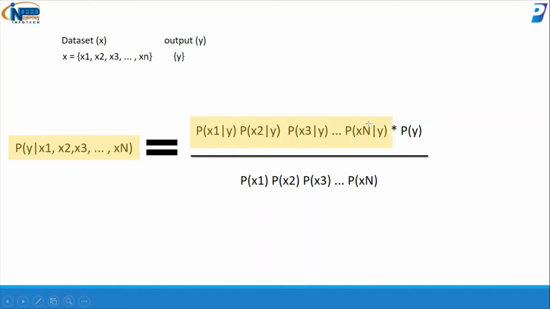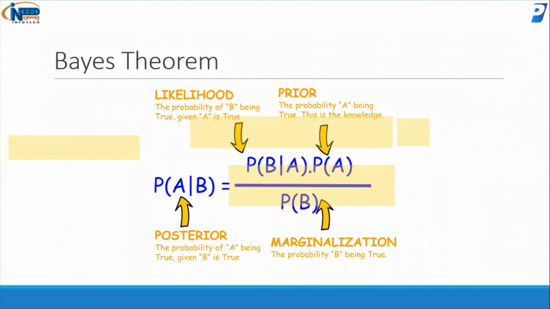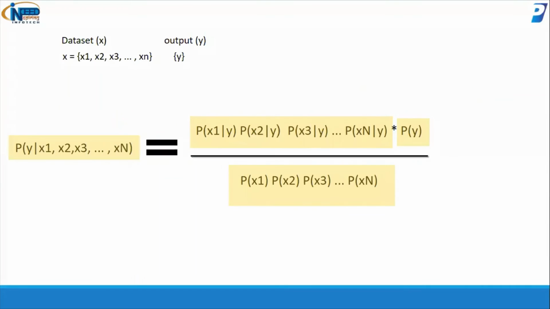The expression has been changed into multiple expressions, and at the end the probability of y is multiplied with all of them, divided by the probability of x1, x2, x3 till xn. So B here is basically x1, x2, x3. I hope this much is clear.